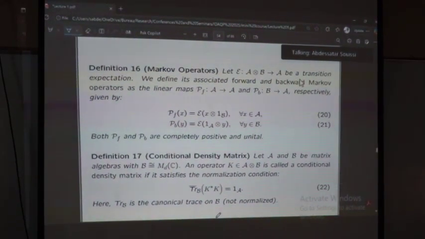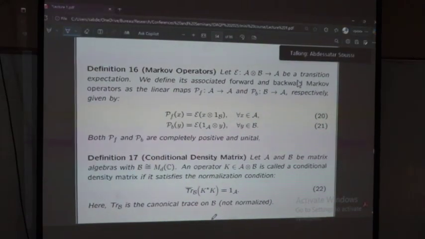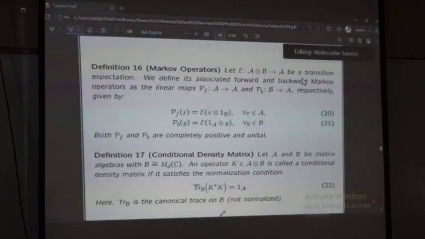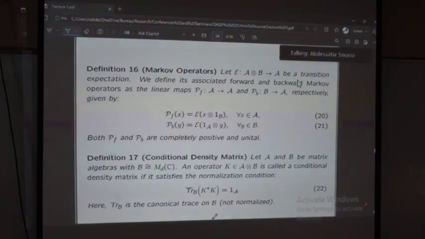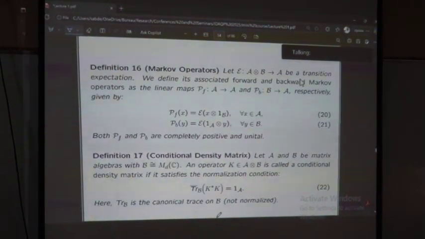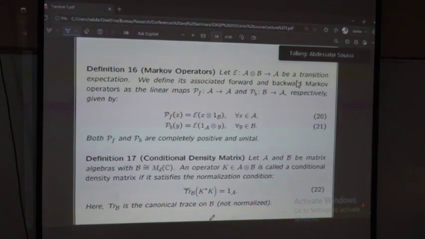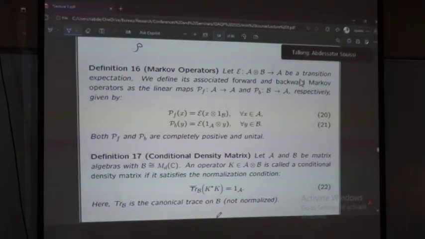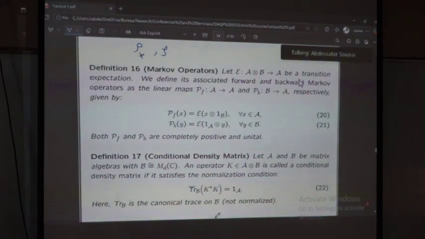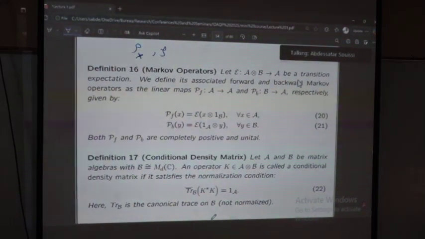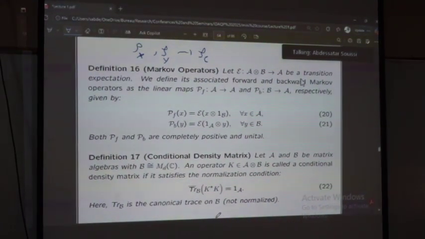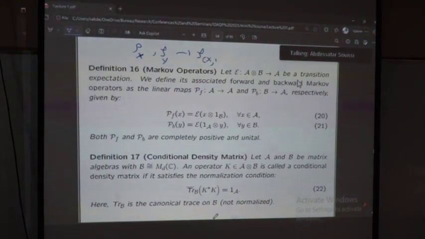Because it's somehow similar to the reconstruction of the joint distribution of two random variables given the marginal distributions. It's not exactly analogous, but I just want to make it clear. Given rho X and rho Y, how can we construct the joint distribution rho XY?